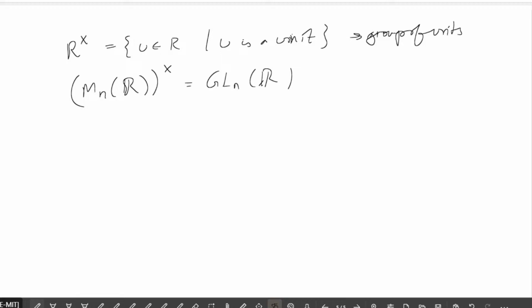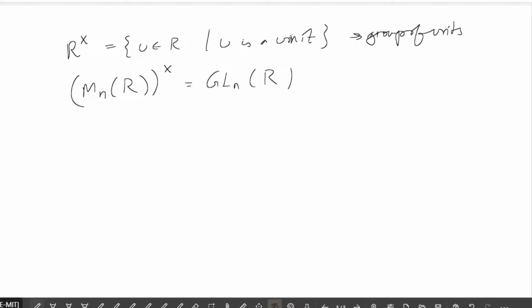More generally, you take any ring you want, Mn of R, and its group of units is defined to be GLn of R. But its definition is not that the determinant is non-zero. In GLn of R, for real R, you just have to say determinant is non-zero. Here you have to say determinant is something else.